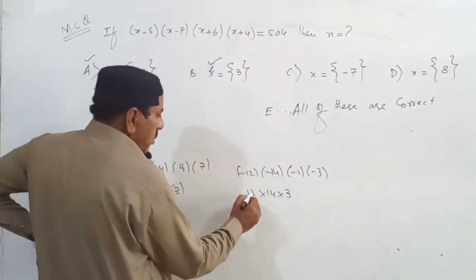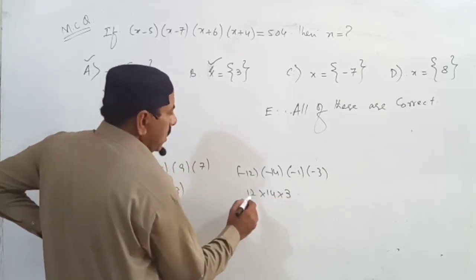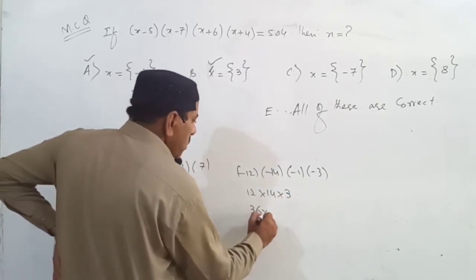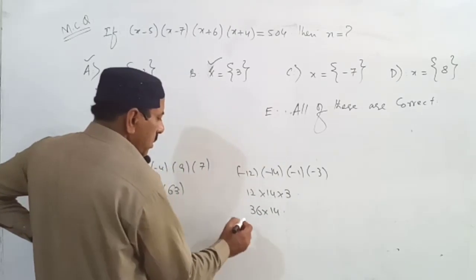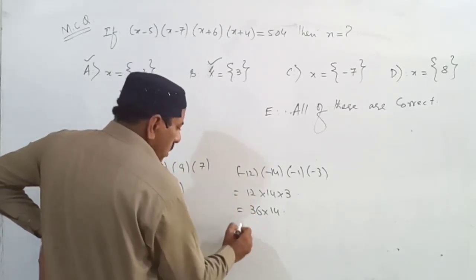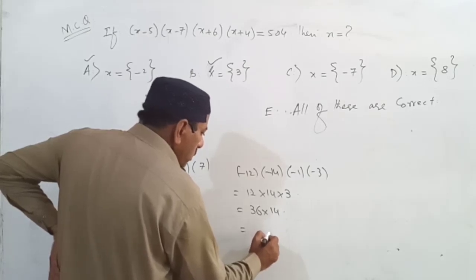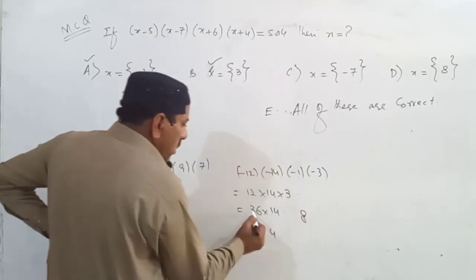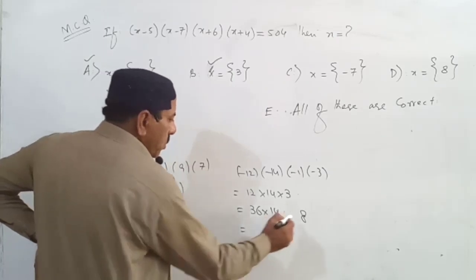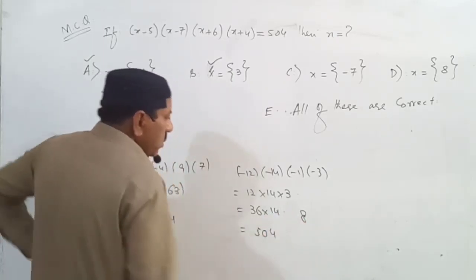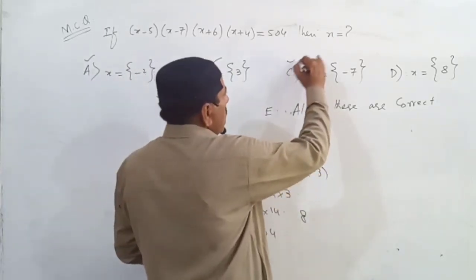So, 12 times 3 is 36 into 14. 6 times 14 is 84, 3 times 14 is 42, and 504. So 504 is also a correct answer.